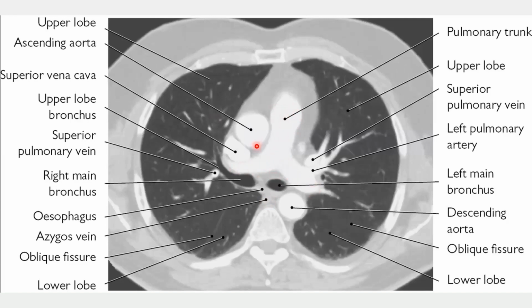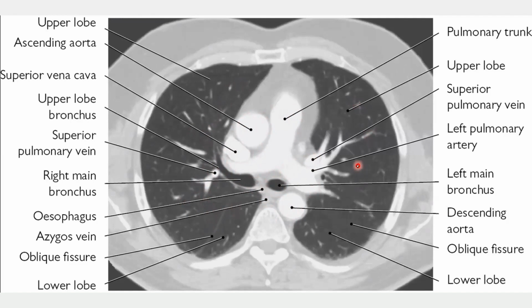Then here you have the ascending aorta, right? And here you have the descending aorta. And this is the superior vena cava. Then from the trachea you have the right main bronchus here. And these are smaller pulmonary veins.